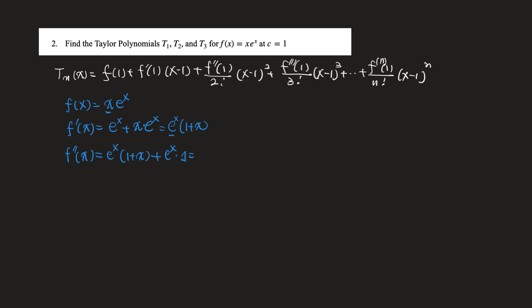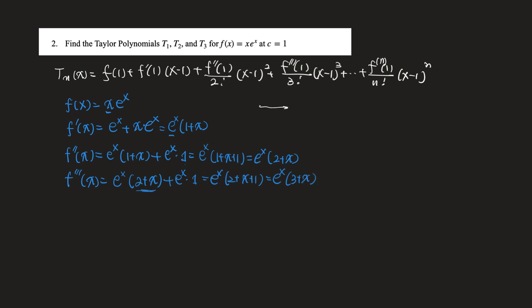The common factor e to the x, (1 plus x plus 1), gives e to the x times (2 plus x). Let's do the third derivative: derivative of e to the x is e to the x, times (2 plus x), plus e to the x times the derivative of 2 plus x, which is 1, so e to the x times (2 plus x plus 1), which is e to the x times (3 plus x). I hope you see the pattern.